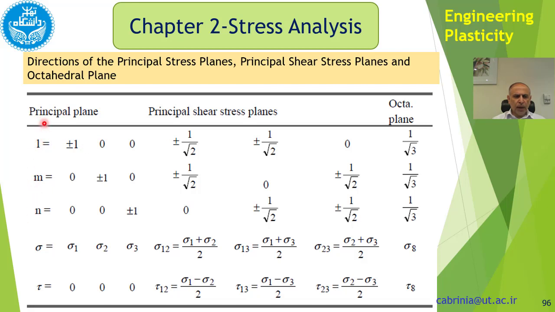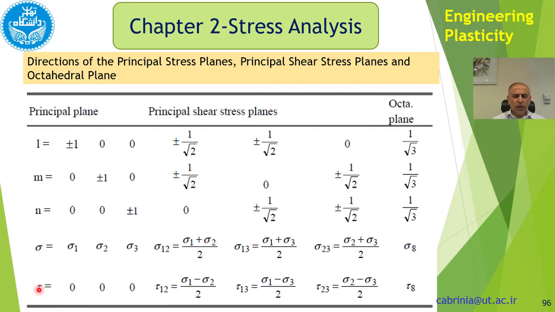LMN for the principal plane is 1, 0, 0, 0, 1, 0, 0, 0, 1. For the principal shear stress planes, the values are like that, and for the octahedral plane, obviously they are equal, 1 over root 3. Sigma is sigma 1, 2, 3 on the principal plane. On the principal shear stress planes, they are like that, and on the octahedral plane, that.